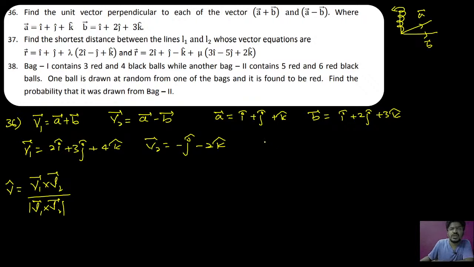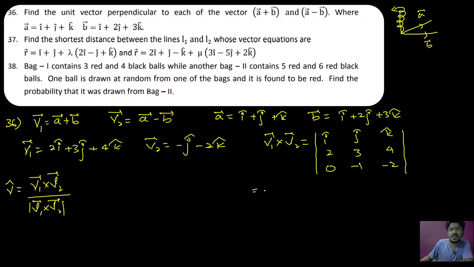So now first we have to find v1 cross v2. To find v1 cross v2, you just take the first row as i cap, j cap, k cap, the second row as 2, 3, 4, and the third row as 0, minus 1, minus 2.